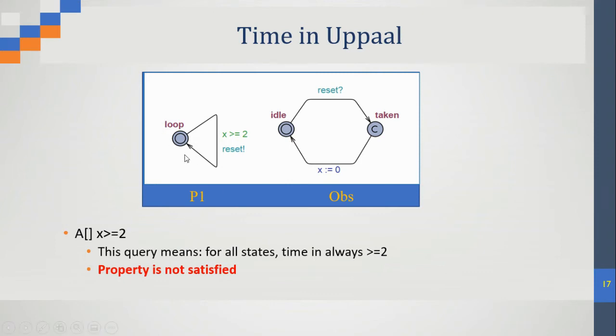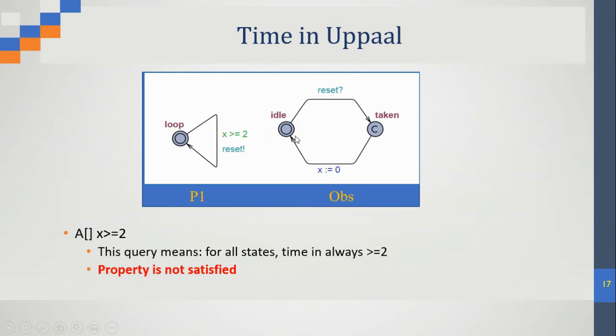When we are in the loop or in the idle, the time starts at 0. But to take this edge, the time should satisfy this guard, and then go up to 2, equal to or more than 2. So this transition will be taken. In the loop, for example, before we go to this transition, the time will be 0.